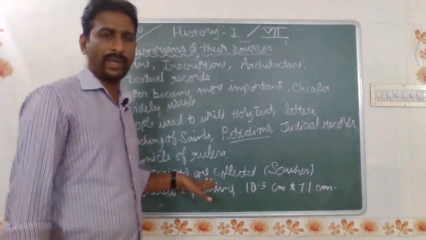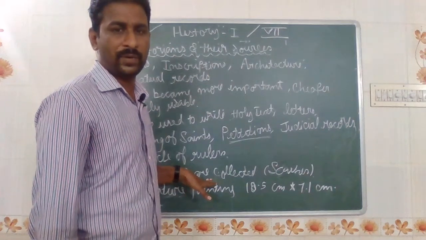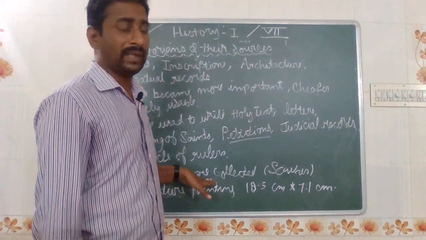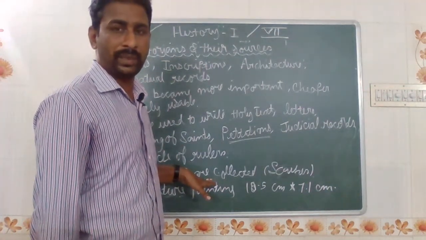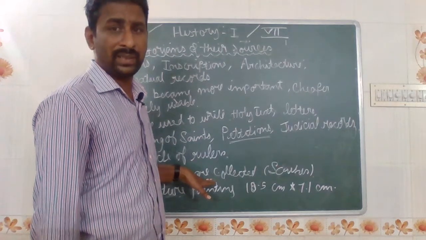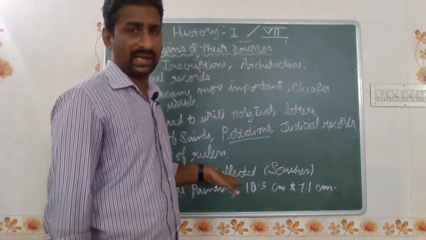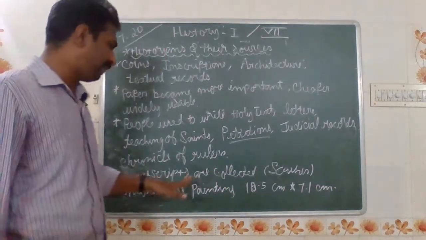And manuscripts are collected. After the invention of paper, manuscripts had to be preserved or converted for future use, because manuscripts are easily damaged by insects and cannot be preserved for a long time. So manuscripts should be converted into books, that is, textual records. Manuscripts were eagerly collected by many people, with the help of scribes.